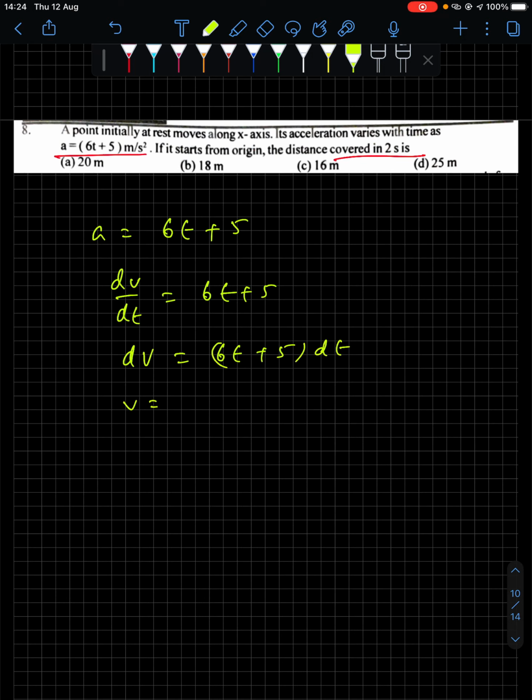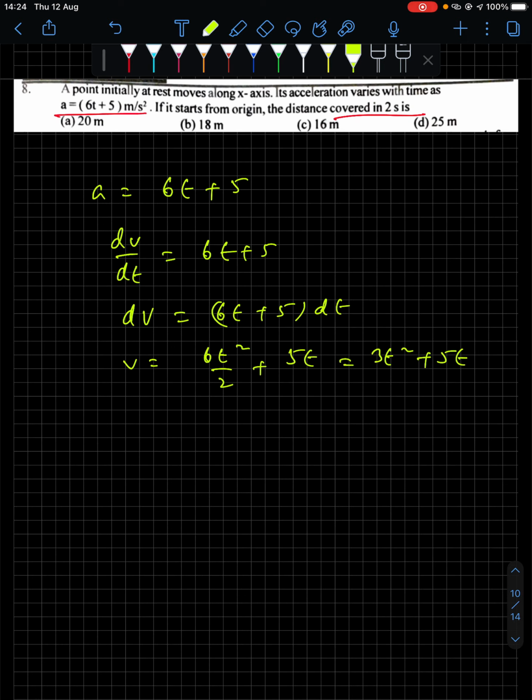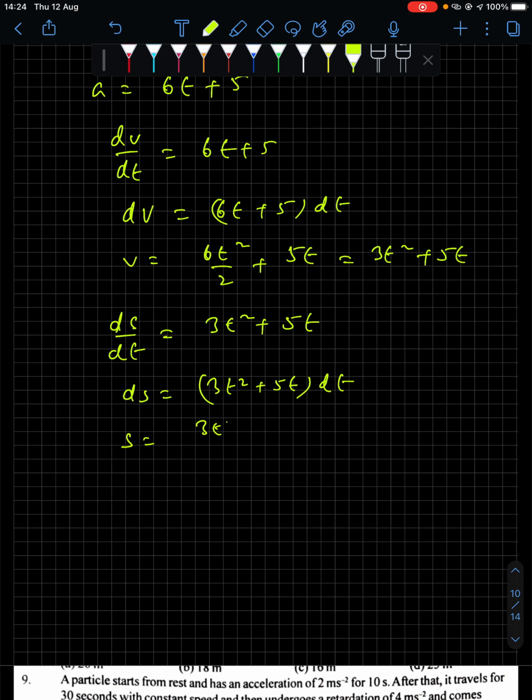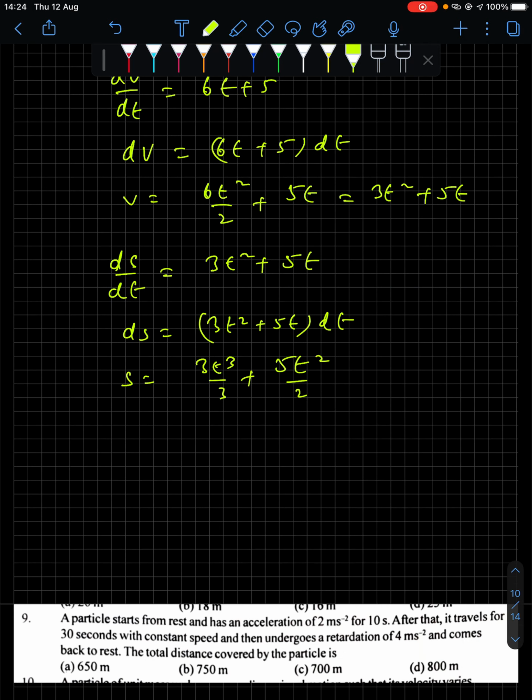Now if you integrate this, you get v equals, on the right you get 6t square by 2 plus 5t. So this is 3t square plus 5t. Then we can write this again as ds by dt equals 3t square plus 5t. So ds equals 3t square plus 5t dt. Therefore s equals 3t cube by 3 plus 5t square by 2.